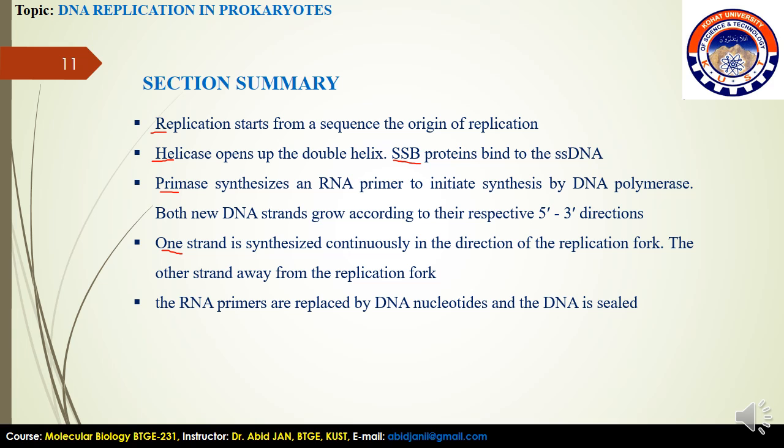The other strand is synthesized in a direction away from the replication fork in short stretches of DNA known as Okazaki fragments. This strand is known as the lagging strand.